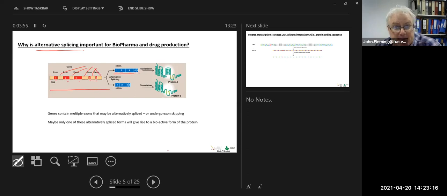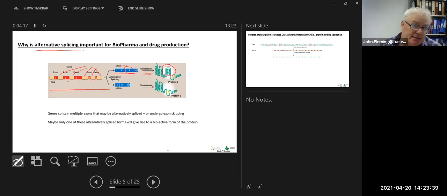This spliced messenger RNA then undergoes translation. And what we can see here is that the inclusion of all these different exons, including exon number 3, gives rise to a protein that includes all the associated functional domains, including this one here.